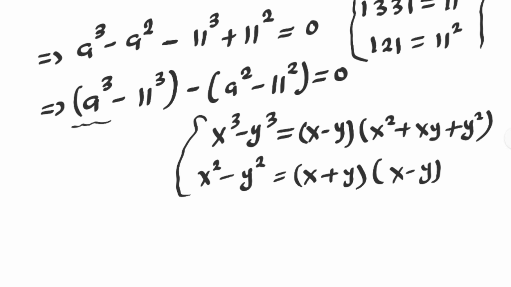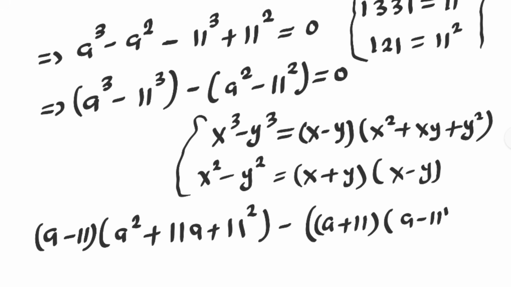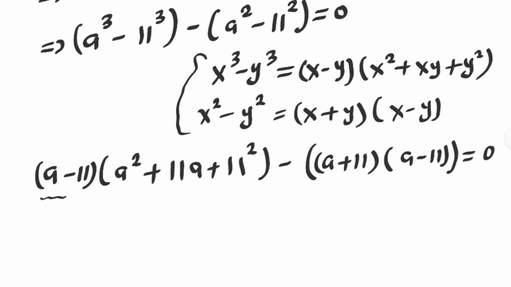then this can be written as a minus 11 bracket a square plus 11a plus 11 square minus, this can be written as a plus 11 bracket a minus 11 is equal to 0. Here a minus 11 is common here. Let us bring it out.